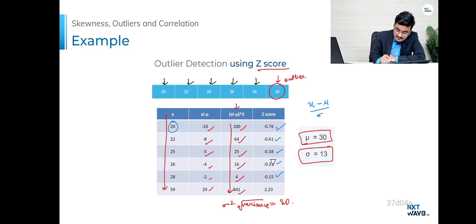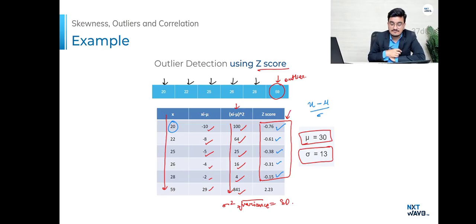We can identify that all of these observations fall within the first standard deviation of our data distribution. Why? Because none of these values cross 1, either on the negative side or on the positive side, right?